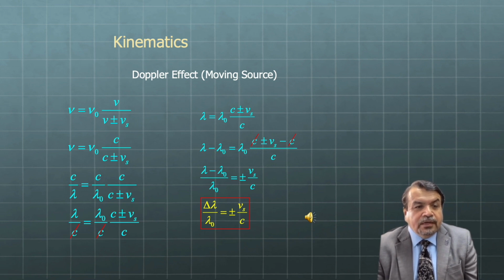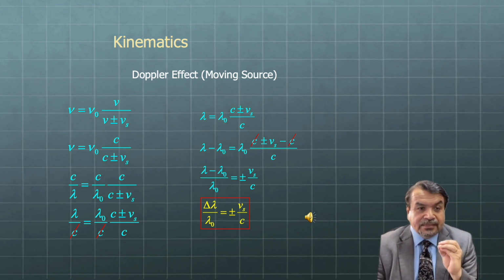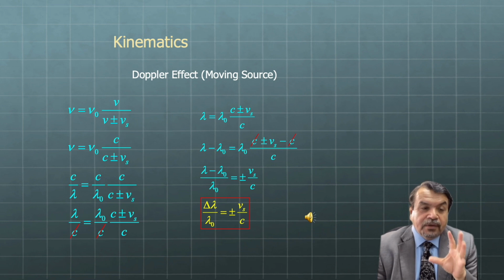Positioned at the top of the left column is the relationship where the frequency equals the zero frequency, indicating the original frequency, multiplied by a factor that pertains to the speeds. Up would be the velocity of the wave divided by the sum or difference, because it can be positive or negative, of the velocity of the wave plus the velocity of the source.